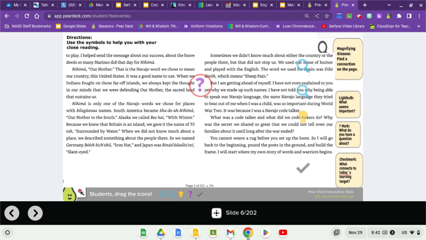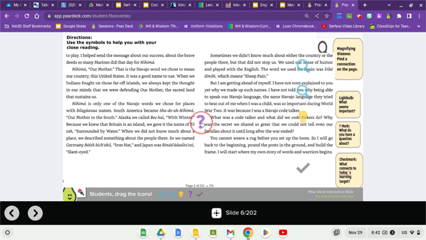I have not even explained to you yet why we made up such names. I have not told you why being able to speak our Navajo language, the same Navajo language they tried to beat out of me when I was a child, was so important during World War II. It was because I was a Navajo code talker. What was a code talker, and what did we code talkers do?